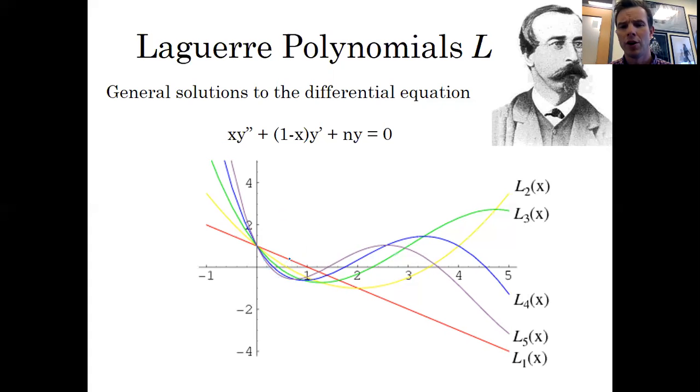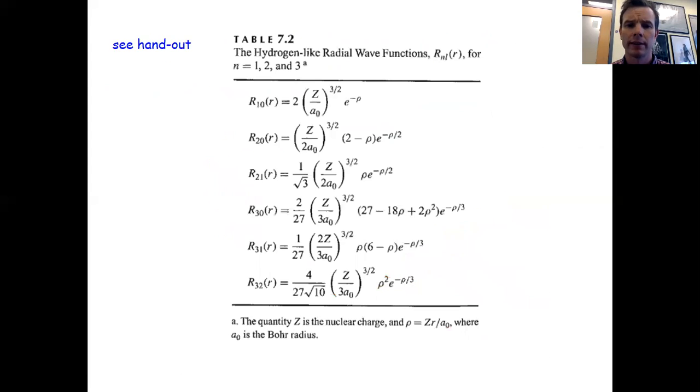You'll notice that they sort of stretch out in space. So the lowest one, L equals 1, is just a straight line. L equals 2 is a parabola. L equals 3 is a cubic, et cetera. And at the end of the day, if I take all of these things and put them together, I get the hydrogen radial wave functions.